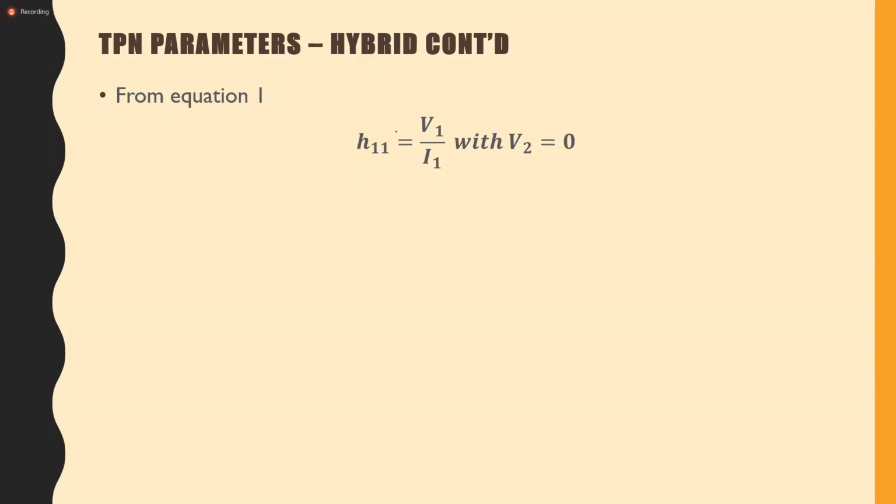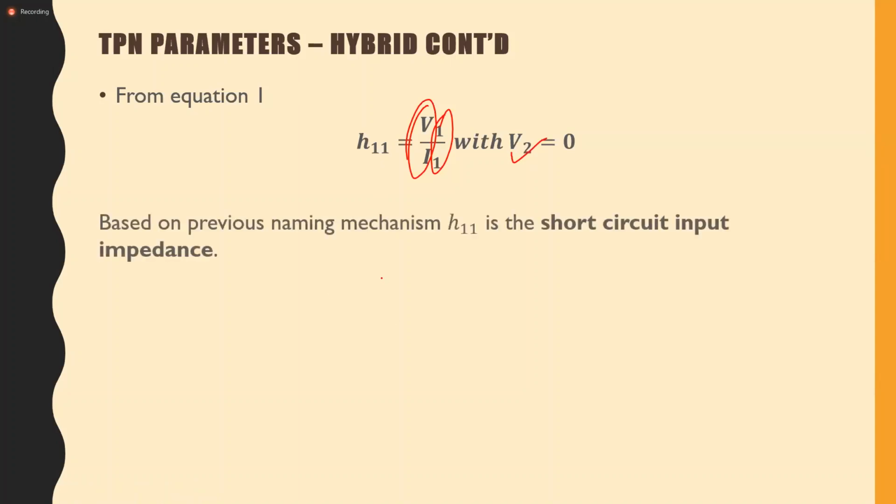Absolutely. All right. So H11, short circuit because it's a voltage made zero. Yes. Input because it's 1 over 1. And impedance because it is V over I. Excellent. All right. So H11, short circuit input impedance.